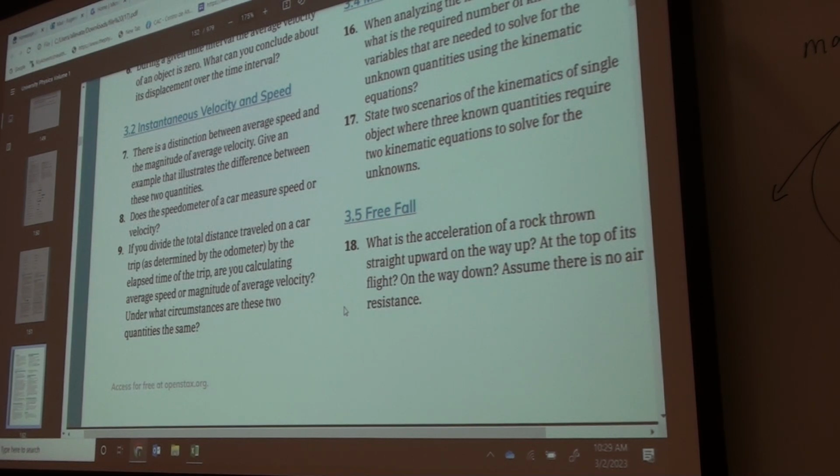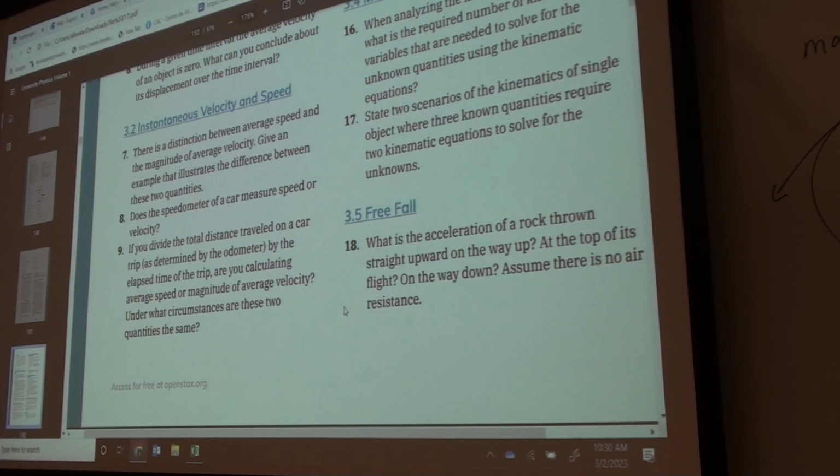I was going to say, that doesn't necessarily mean that when you throw it up, the acceleration is 9.8. You can throw the object at any velocity, that's the impulse. Is the impulse an acceleration? We haven't studied that yet. Impulse is a short instantaneous acceleration.